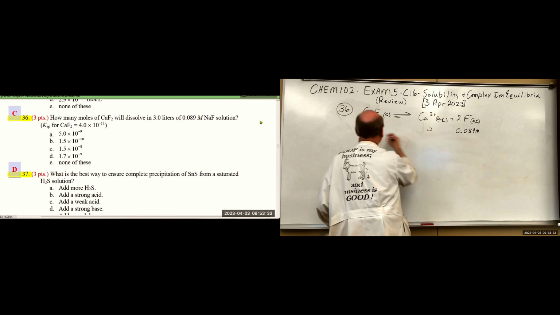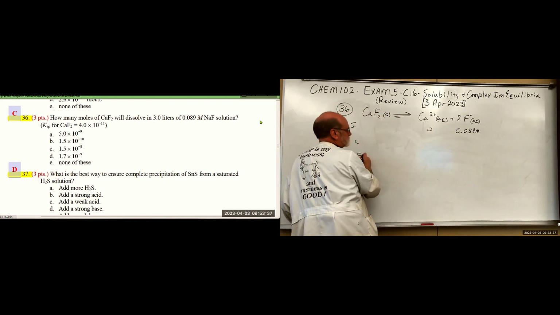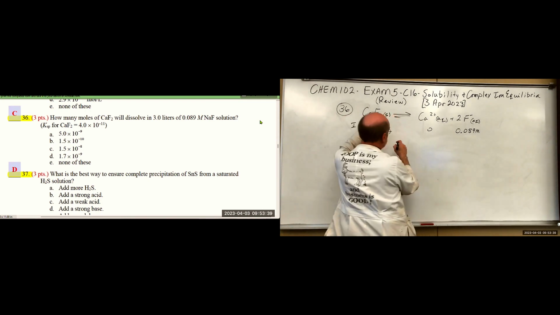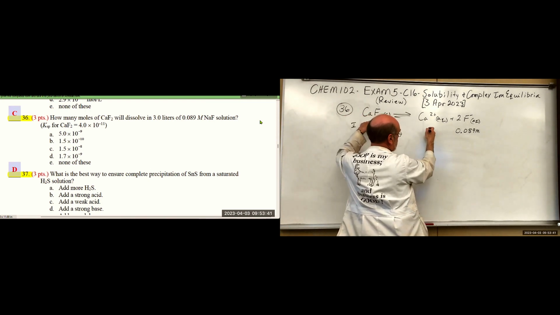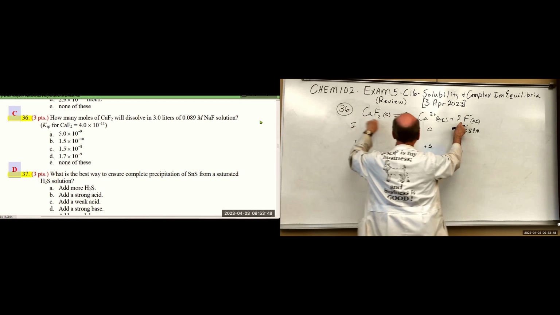Right? So if this is initial, then we're going to solubilize some of it because we don't have any calcium over here to start with. So we're going to add the same number of calciums. We're going to add two fluorides.